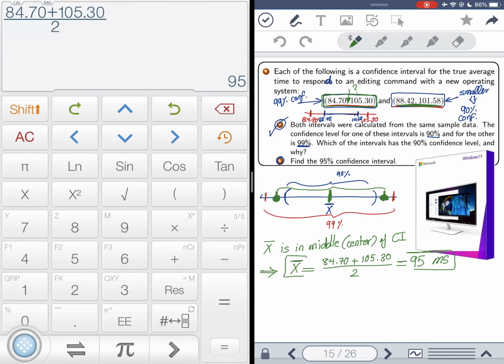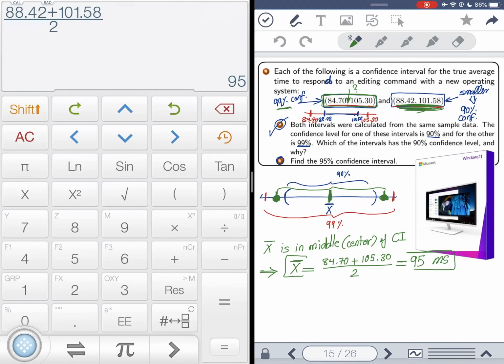If you would like, go back to the calculator and instead of taking the 99% confidence interval to compute the middle point, let's take the 90%. It should be the same number at the end. So 88.42 plus 101.58. You see, you get 95 again.